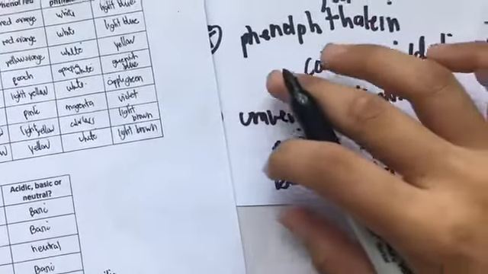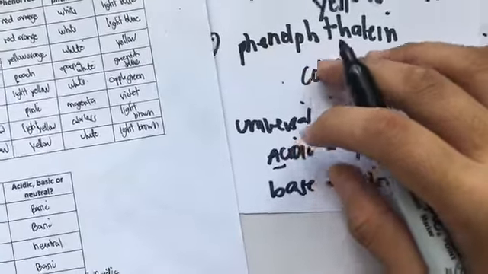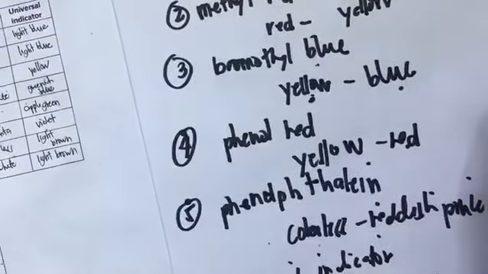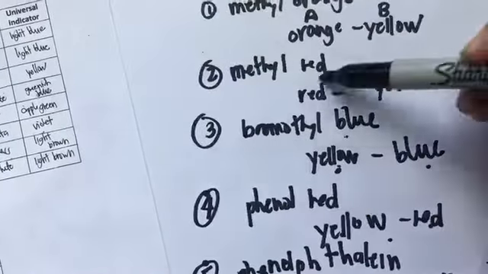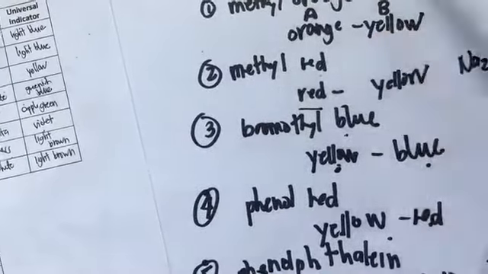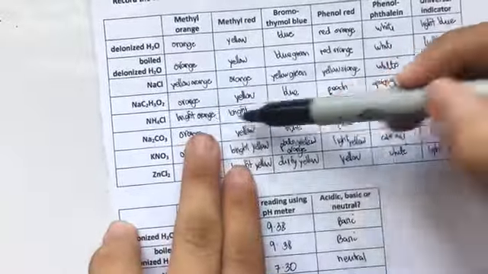What other example? For example, we have here ammonium chloride. Ammonium chloride is an acidic solution. So if you put it in methyl red, it will be red, or in methyl orange, it will be orange. Let's check.